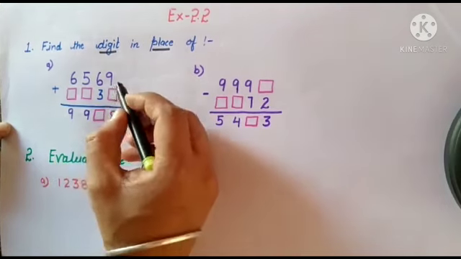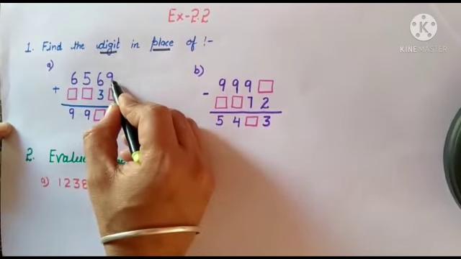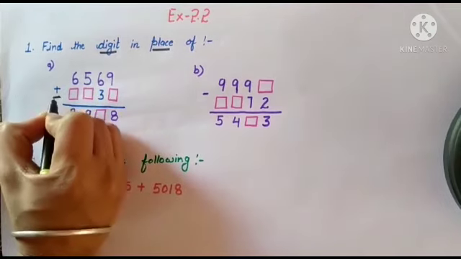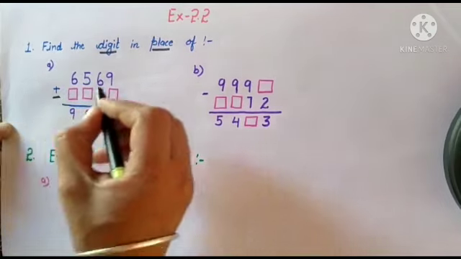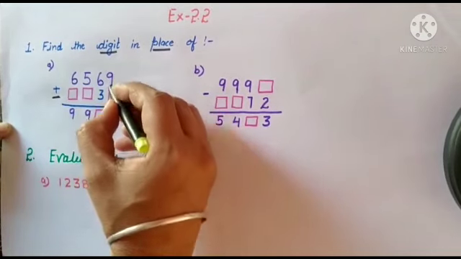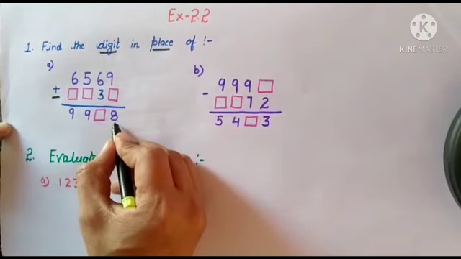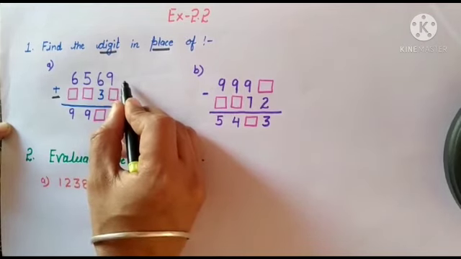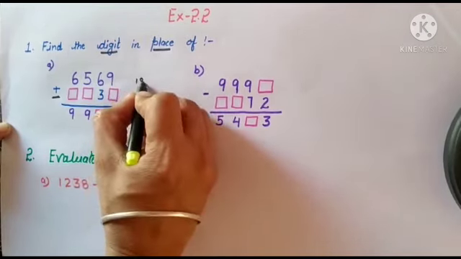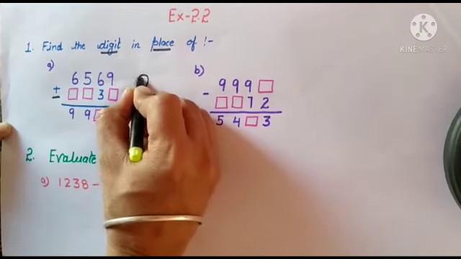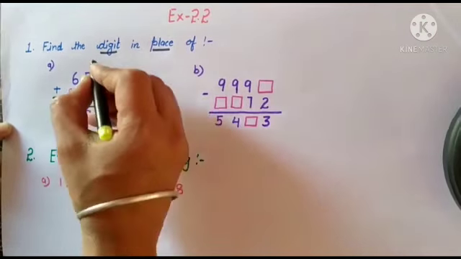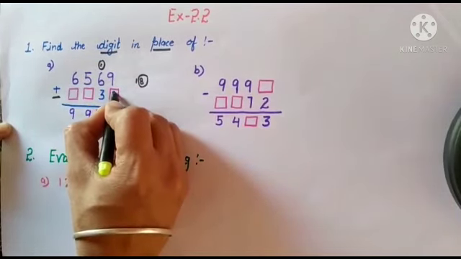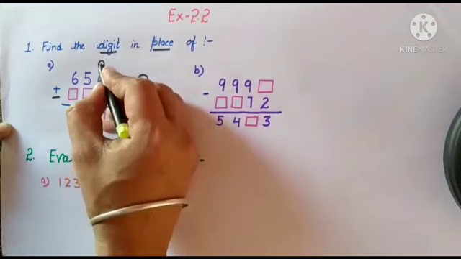So, let me start. Here is 9 and here is 8. The sign here is an addition sign. What should be added to 9 so that 8 comes in the last digit? 9 plus 9 is 18. So this 8 is written here and 1 we will carry to the next. 9 plus 9, 18. 8 plus 1.